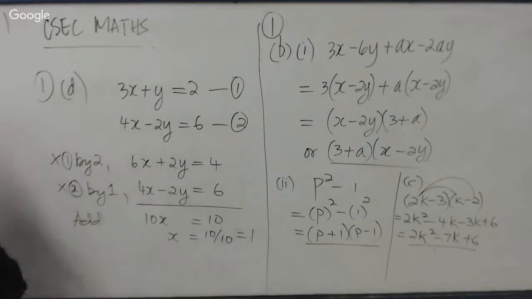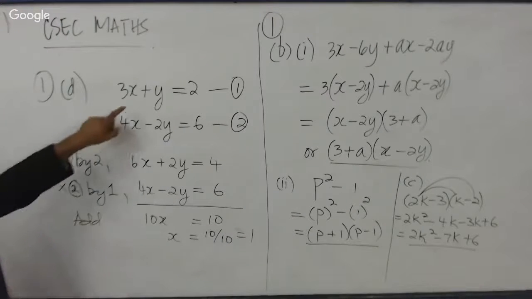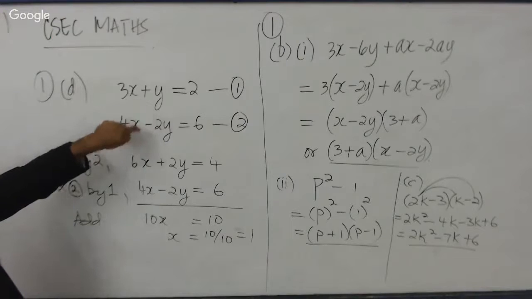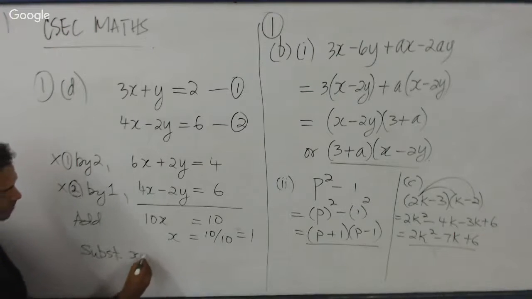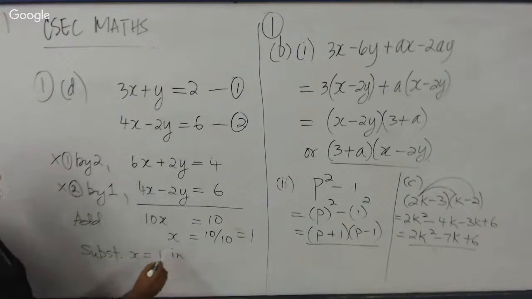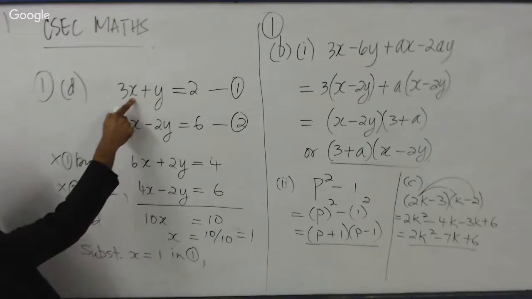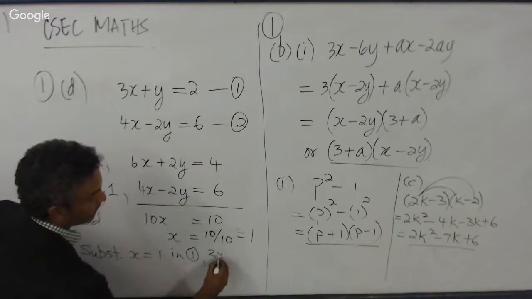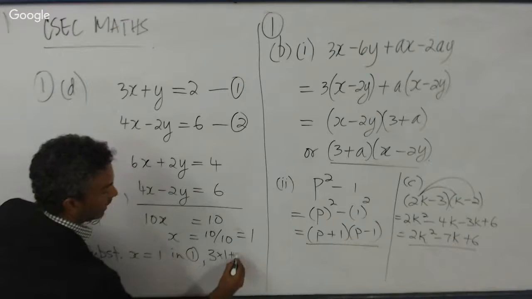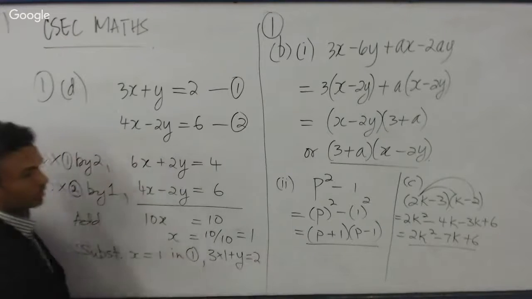If x equal 1, I can substitute x equal 1 into any equation. So substituting x equal 1 in equation 1, where I see x, I put 1. 3 times 1 plus y equal 2.